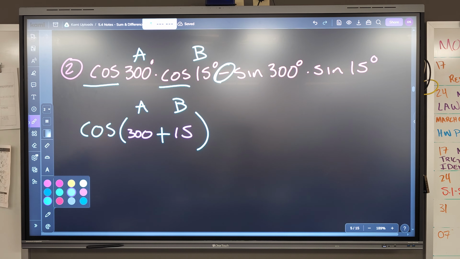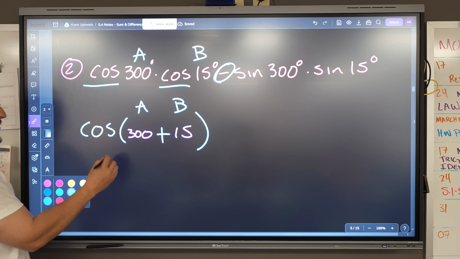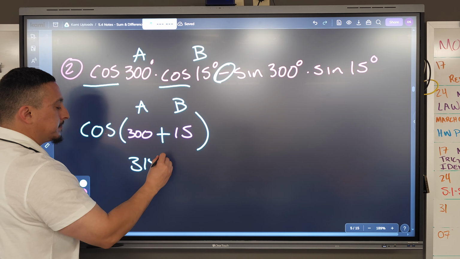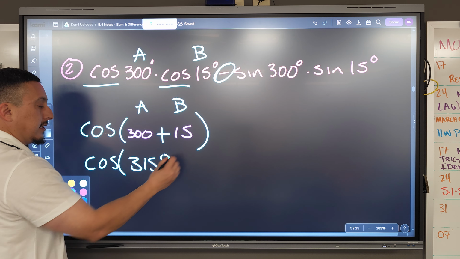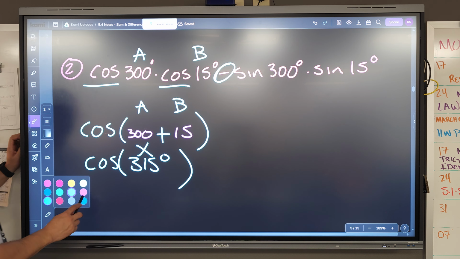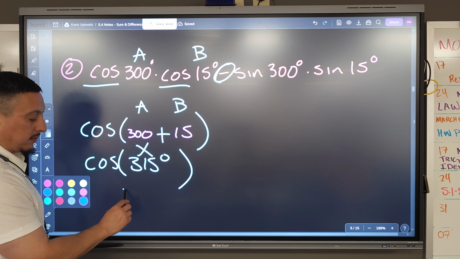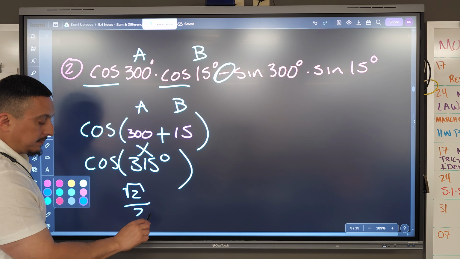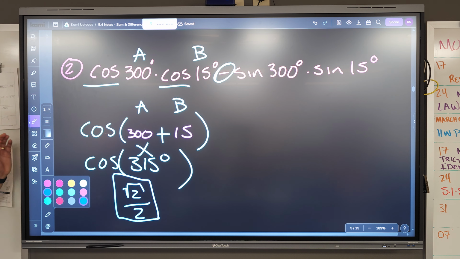Okay. 300 plus 15 is 315. Cosine is the x value on the unit circle. So what is the x value for 315? Square root of 2 over 2? Okay, be honest with me. How many of you got to that answer? I didn't give you a lot of time, but okay. Good. Question? No? Well, tomorrow you'll practice. We're just kind of going through it.